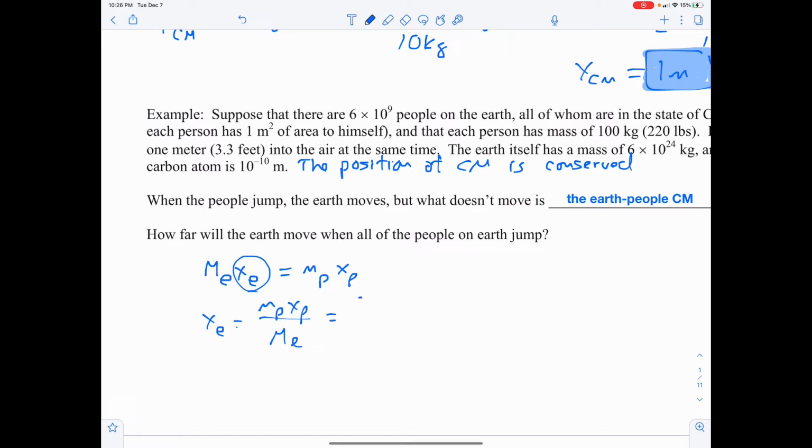Well, the mass of the people, we have 100 kilograms times the fact that there are 6 billion of us, times the distance the people on average are moving, about 1 meter, jumping 1 meter upward, and compare that to the mass of the Earth, 6 times 10 to the 24.